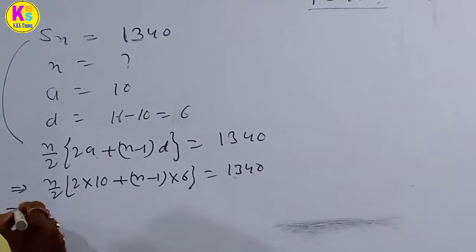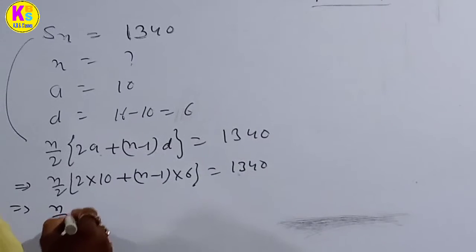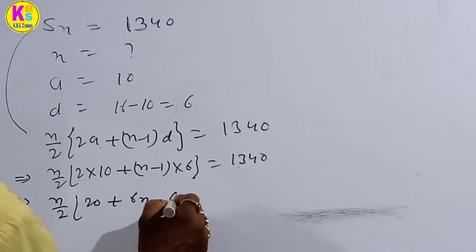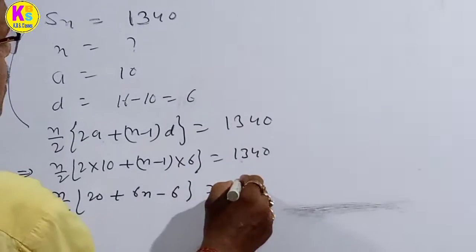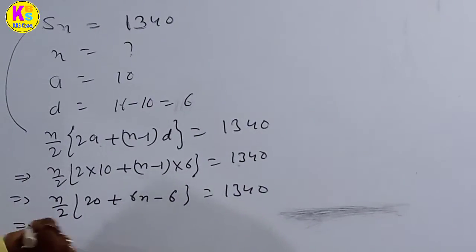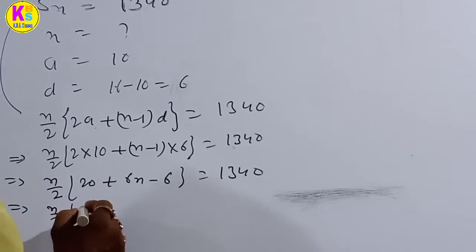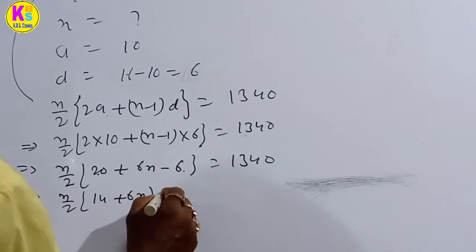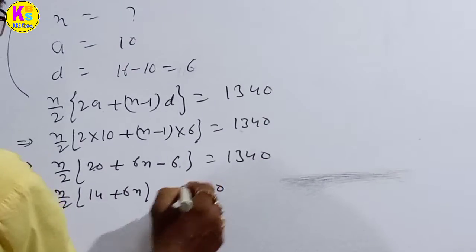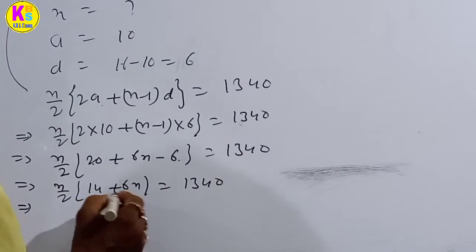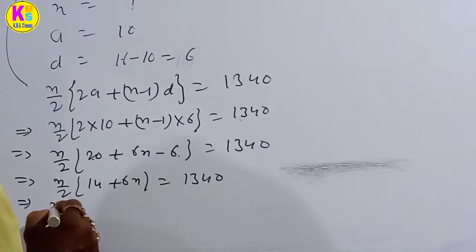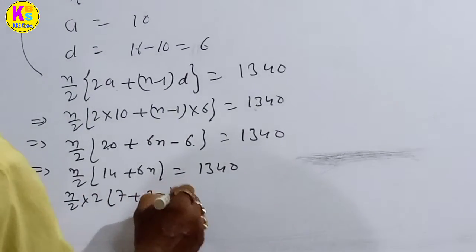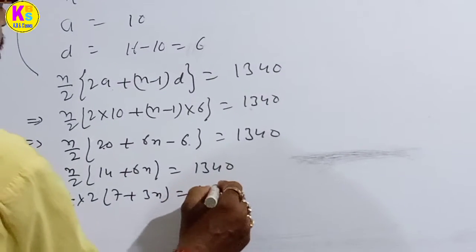Take n by 2, 20 plus 6n minus 6 is equal to 1340, or n by 2 in bracket 20 minus 6 is equal to 14, 14 plus 6n is equal to 1340. So here you can take 2 common. So n by 2 into 2, 7 plus 3n is equal to 1340.